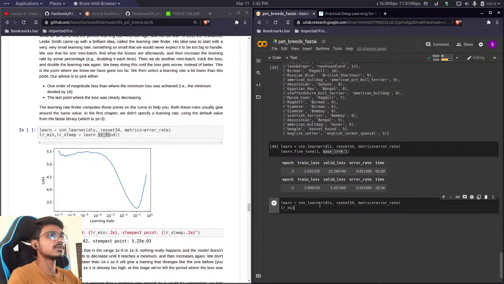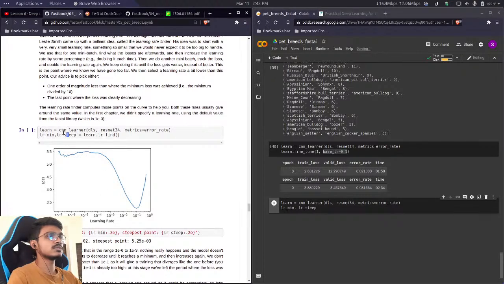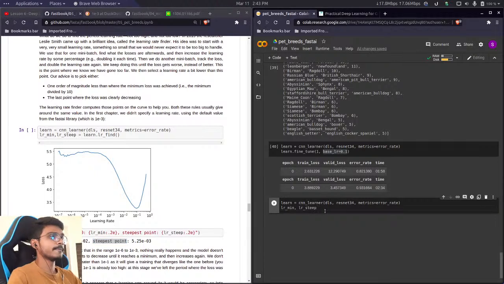It gives us two values in return: lr_min, the minimum learning rate, and lr_steep, where it is the steepest. So, the learning rate at the steepest point is equal to learn.lr_find.